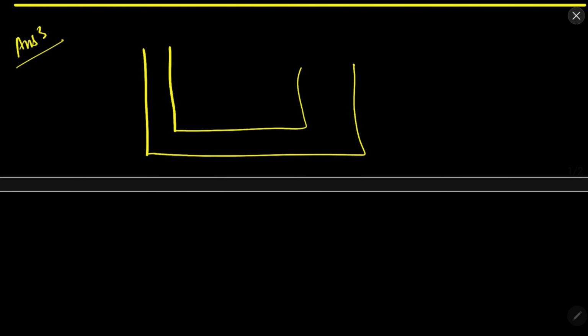The situation is something like this. There is a boy here, and we need to find the difference in the height, that is this height.